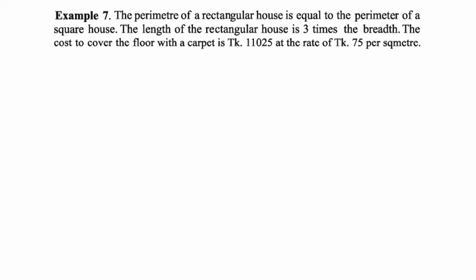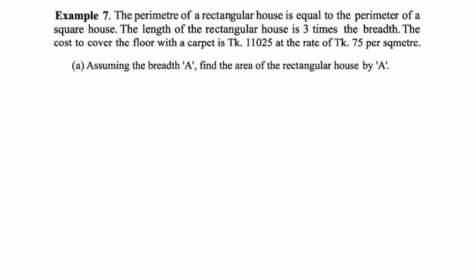Okay, and this is the final and the last CQ question that I'm going to solve. I have taken this question from your textbook in example 7. The perimeter of a rectangular house is equal to the perimeter of a square house. The length of the rectangular house is 3 times the breadth. The cost to cover the floor with carpet is 11,025 at the rate of 75 per square meter.